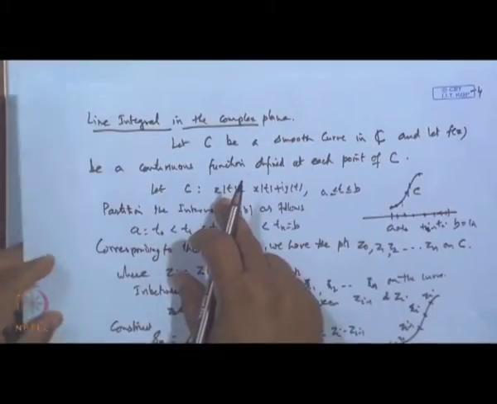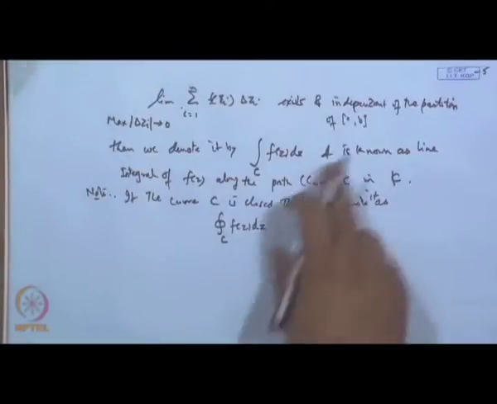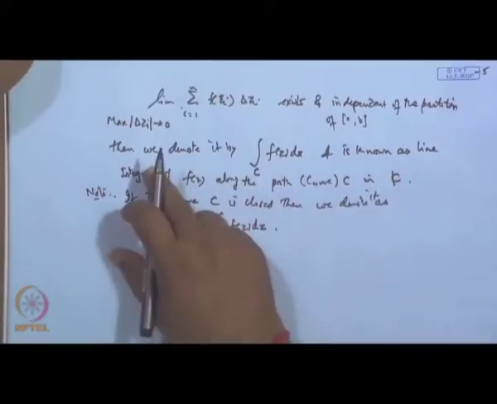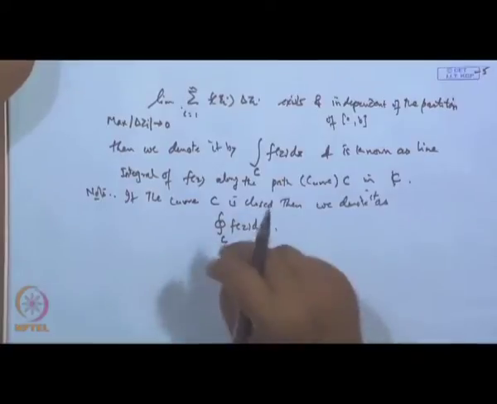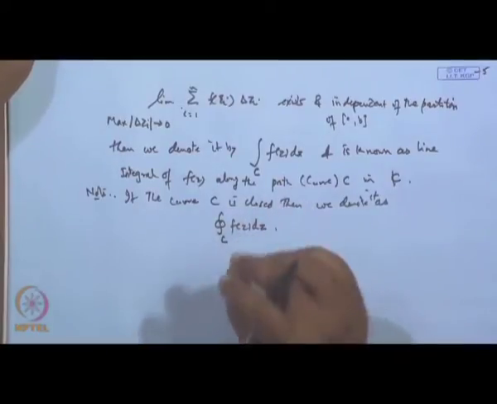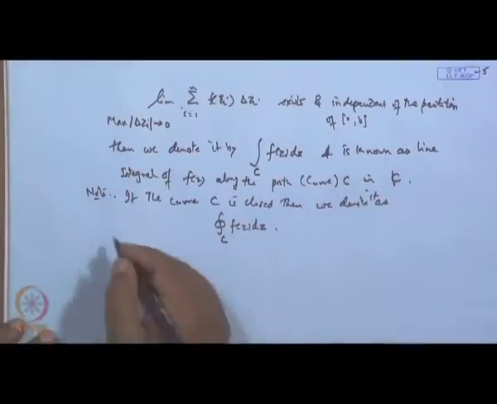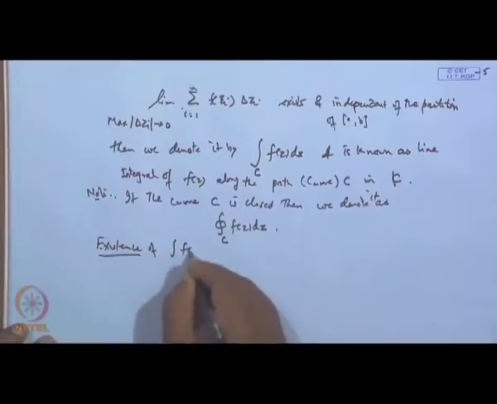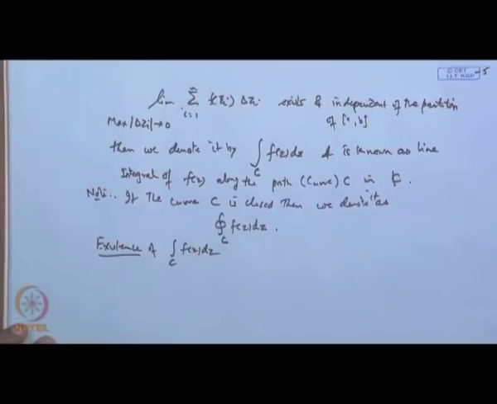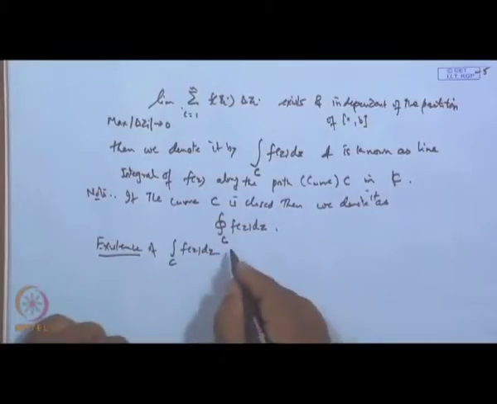And then we are saying that if this limit exists and is independent of path, then we say the integral is a line integral. But basically our claim is that under this restriction the integral will definitely exist. So, let us see the existence of the line integral along the path C.